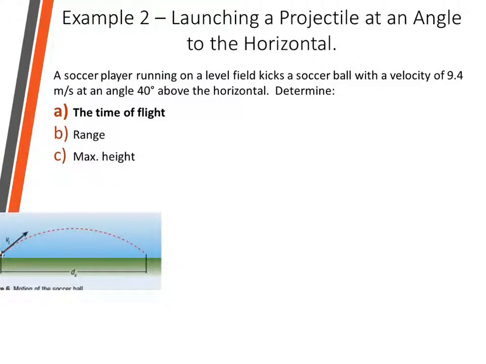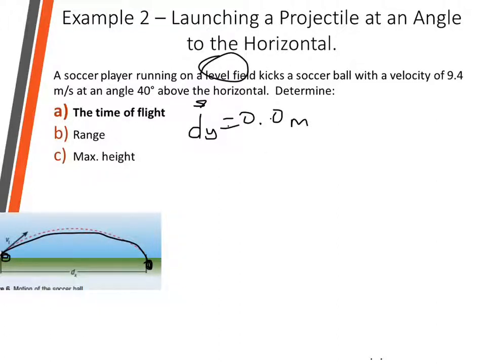So time of flight again is in our y direction. And so let's write down what we know. So our dy is 0 because the ball is going to go from 0 back down to 0. So our displacement in our y direction should be 0 meters because that's what that level part in the question is telling you, that you're dealing with a level surface.